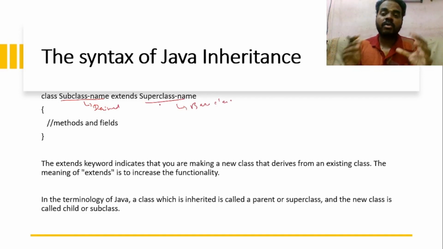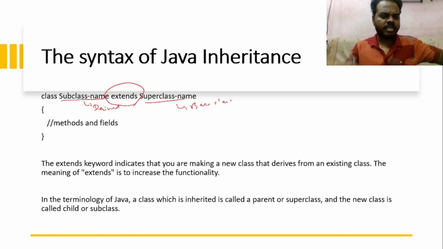If you are going to perform inheritance in Java, we should use a keyword called extends. Using this extends keyword, we can acquire the data and methods from the base class to your derived class. This is all about the basic syntax of Java inheritance.